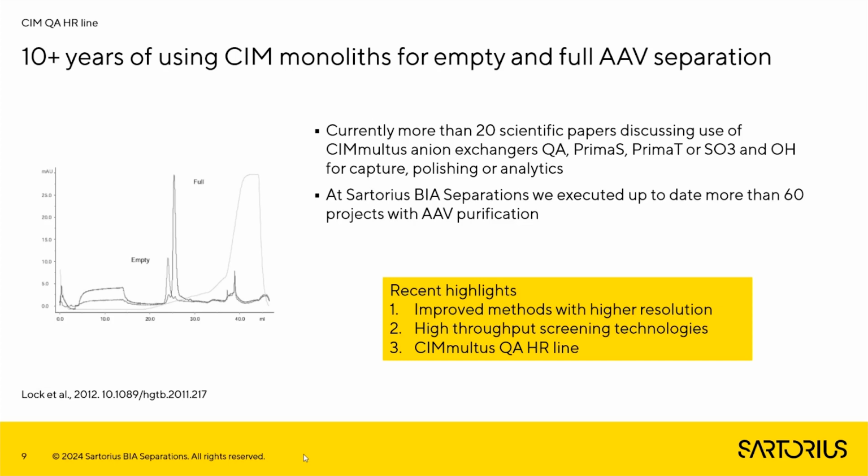However, I would just like to draw your attention to 3 key developments from our company in the past 6 months that stand out: improved methods with high resolution of AAV empty and full, high throughput screening technologies as the second, and the third one was the launch of the CIMmultus QA high reproducibility line, which really represents a significant leap forward in our capabilities. These milestones really underscore the commitment to innovation and our role in advancing the field of AAV purification.